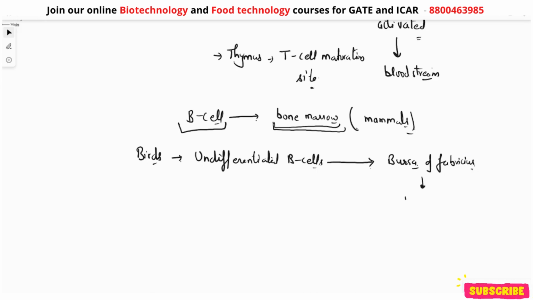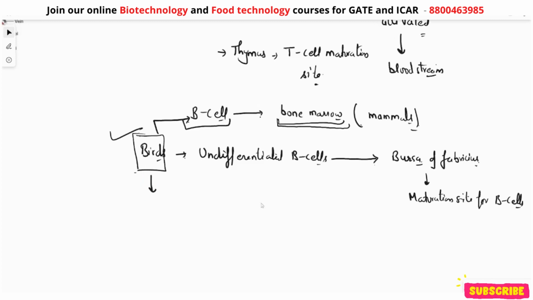And this is the maturation site for B cells in case of birds. So sometimes a question can be asked from here also. In case of birds, the bursa of Fabricius is the maturation site for B cells. Because in birds the B cells were first identified, that is why they are known as B cells. So B here means bursa, right? Not the bone marrow, right?